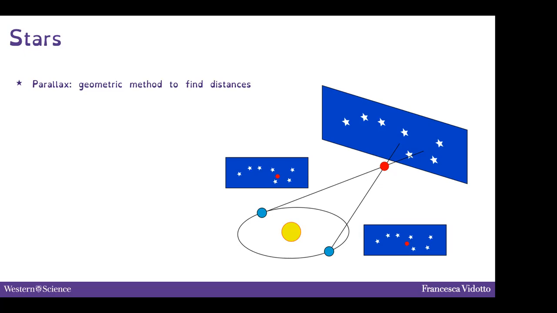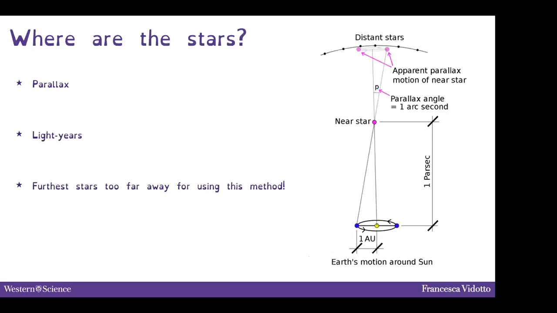Now, this is a technique that works well, in particular for stars that are sufficiently close to us. The problem is that in the moment in which you wanted to study stars that are more far away, you need to use some other technique.